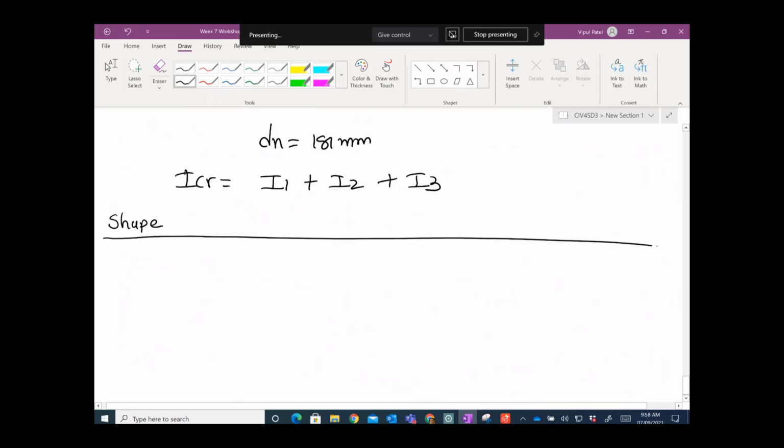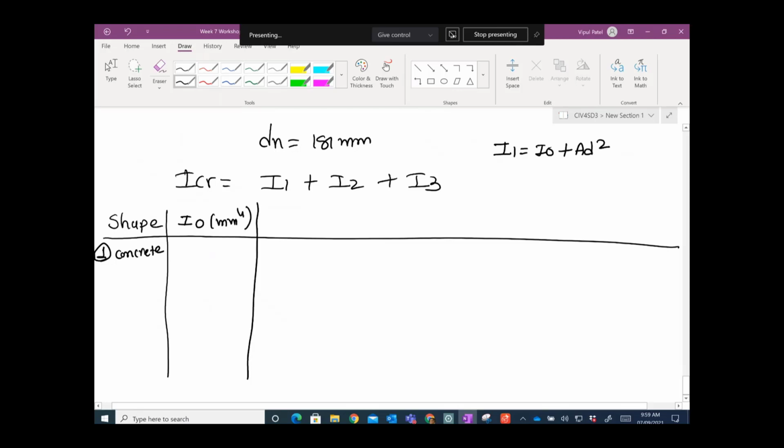You have shape. Let's first get concrete number one. In that concrete, the equation would be I1 equals I0 plus AD squared, right? I0 is just BD cubed over 12, in millimeter to the power 4.